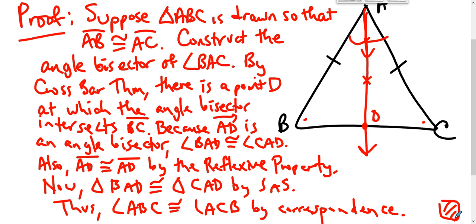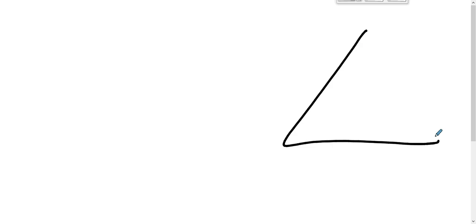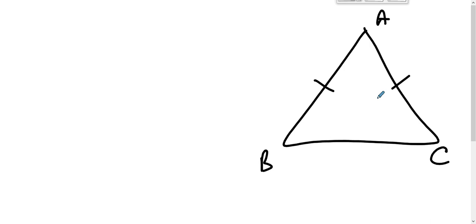Here we can say by correspondence and be done with it. But there is another way to go at this, and it's a little bit clever, actually. Here's the other way to go at this.